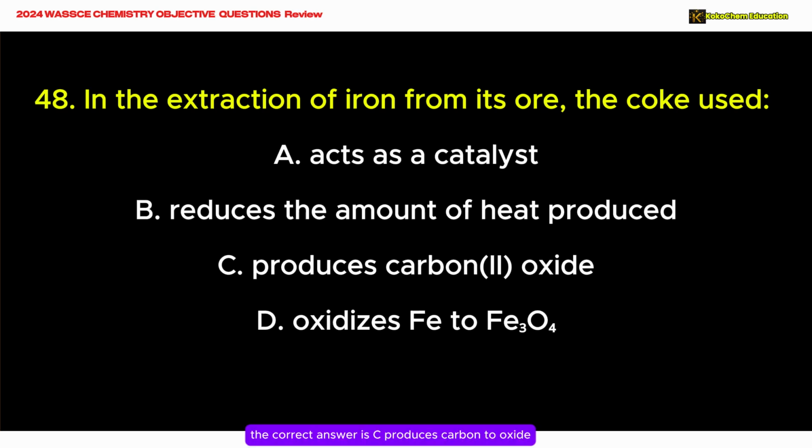The correct answer is C. Produces carbon dioxide. Explanation: coke burns to form carbon dioxide, which is then reduced to carbon monoxide. The carbon monoxide reduces iron(III) oxide to metallic iron.